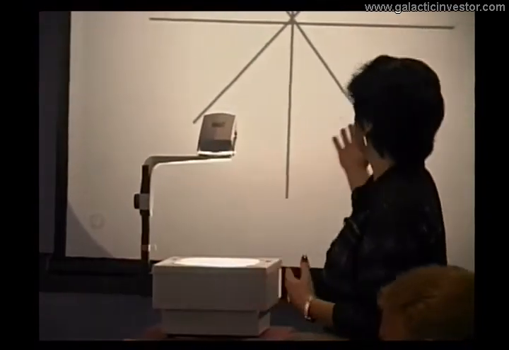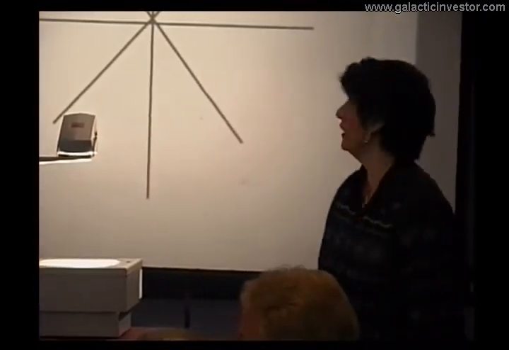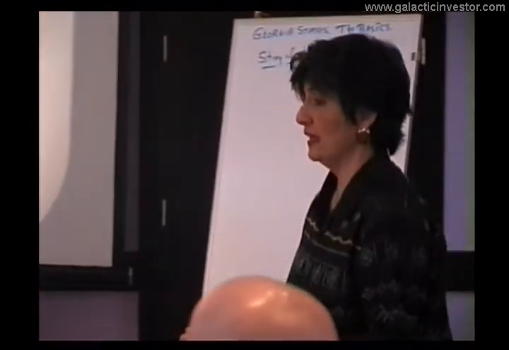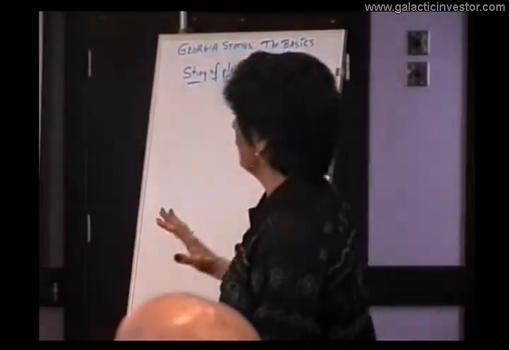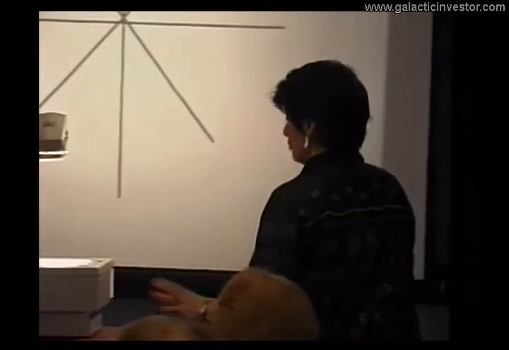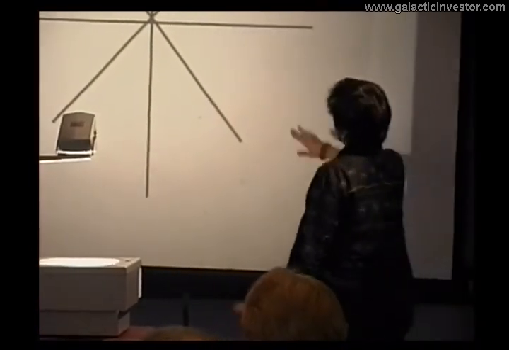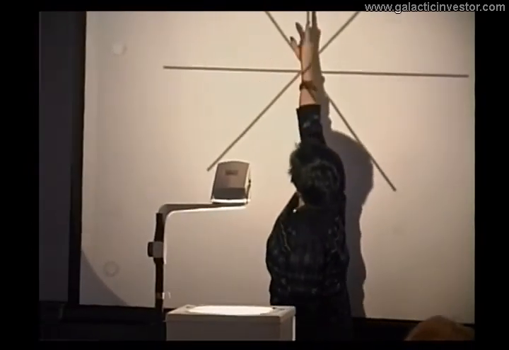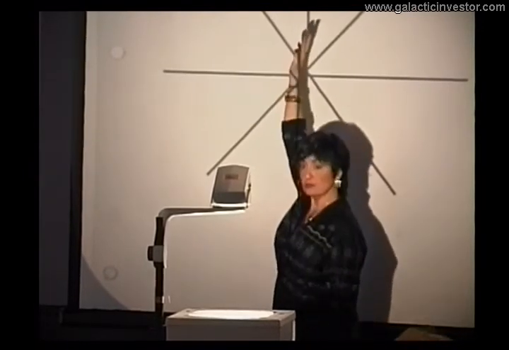What you're seeing in front of you looks like an asterisk, right? How many parts does an asterisk have? 8, right? So if we don't even think about it, we know our basic geometry. If we go vertically straight up, that's at 0.